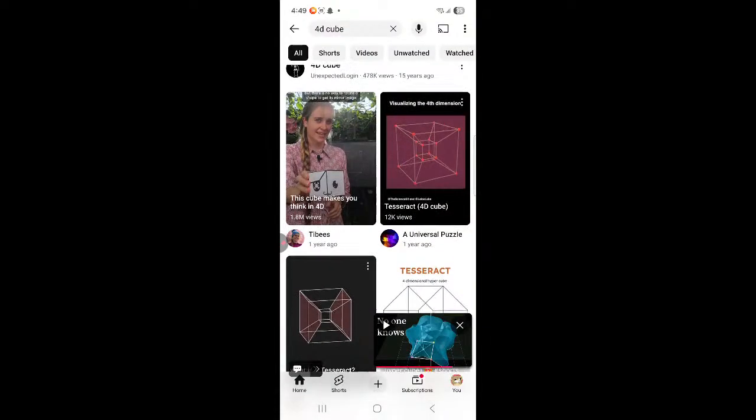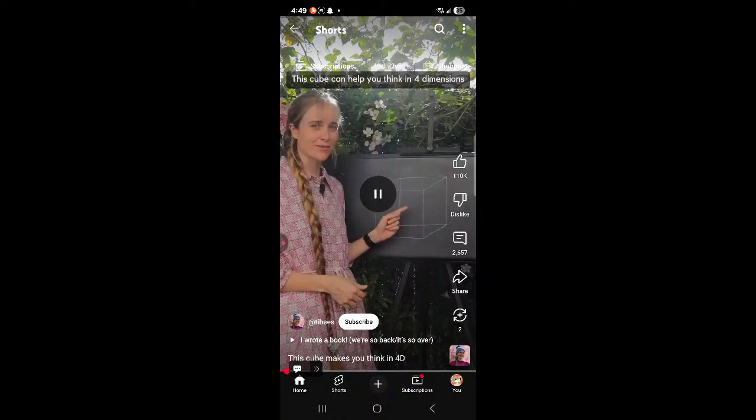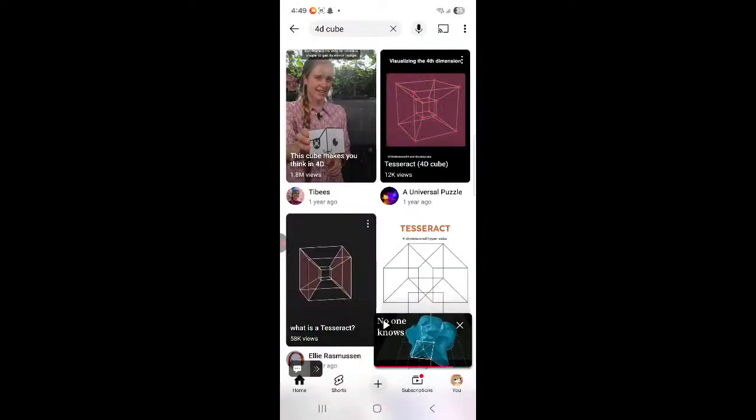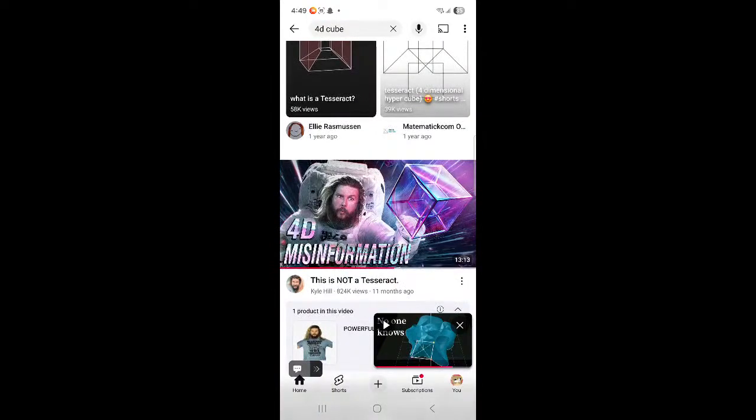Tesseract nonsense. I'm sorry. This cube can help you think in full. I have responded to this, and no, unfortunately. This is wrong. This is not a Tesseract.